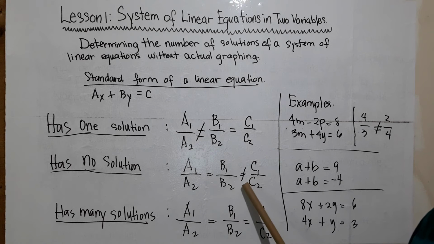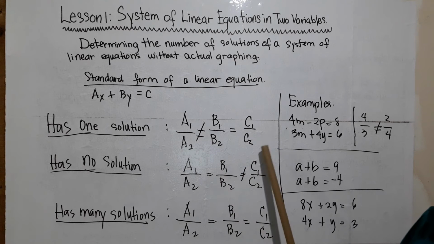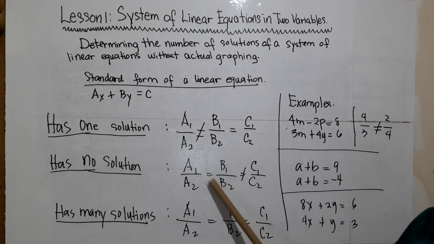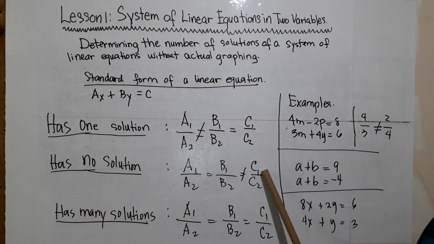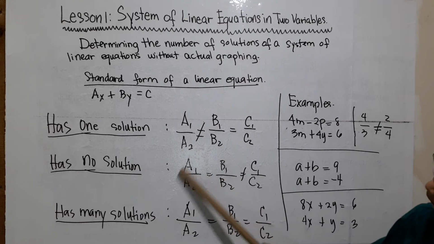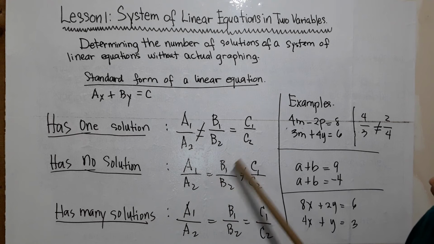Let's focus on the second term and the constant. If the case is like this, that means the system has no solution. But we also have to consider that the ratio of the first term and the second term are equal.